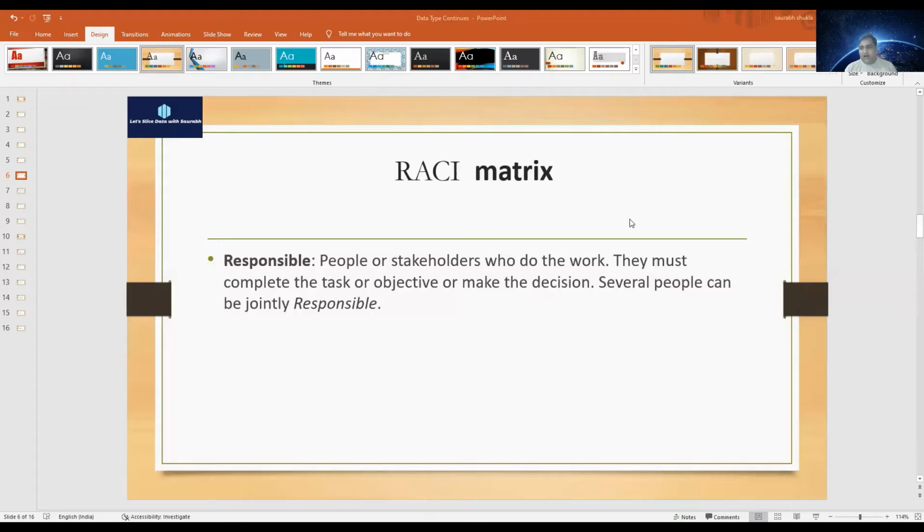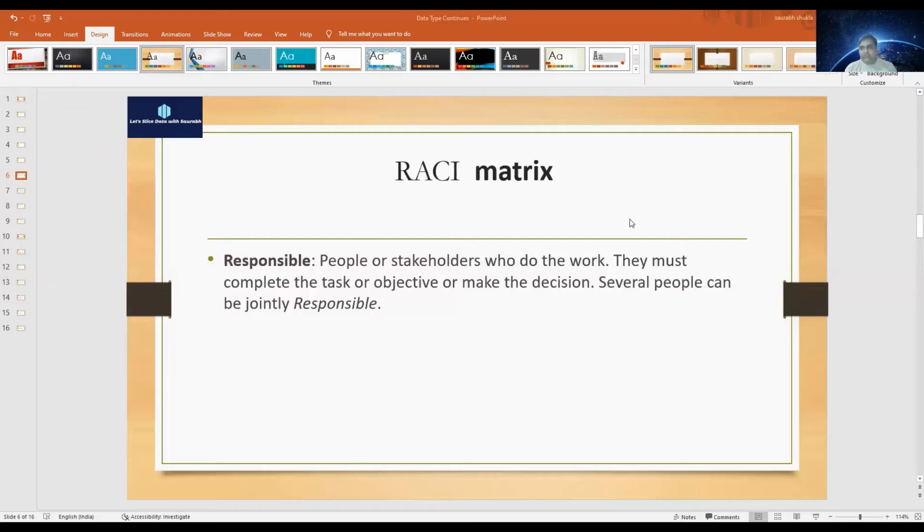So let's start with the R. R is Responsible. People or stakeholders who do the work, they are responsible. It means everybody is responsible. Whoever is involved in the project, if something goes wrong, starting from the team which is selling that project, the team who is working on it, and going to the end customer when they are verifying it, if anything goes wrong, everybody is responsible.